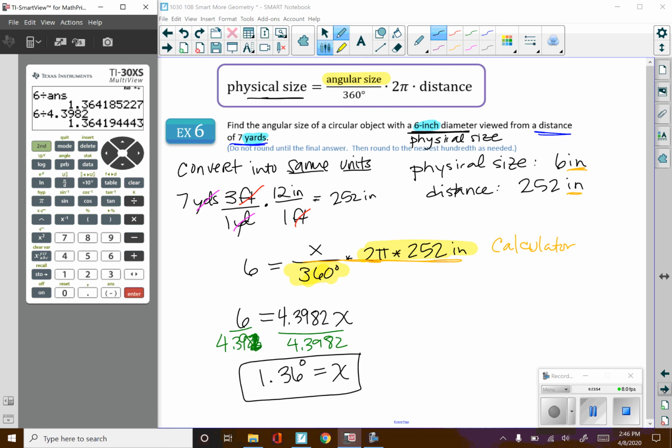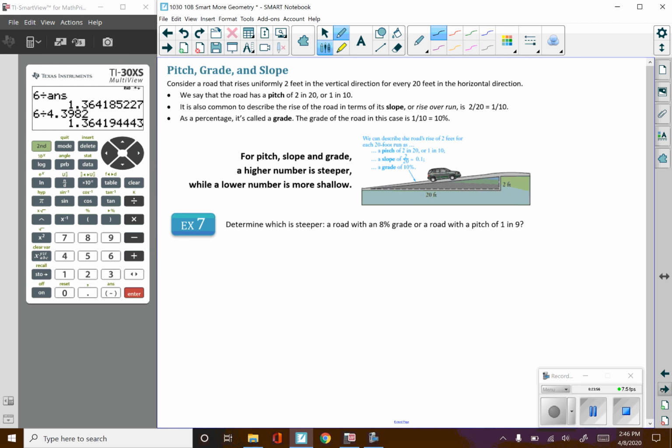All right, next mini topic here is pitch, grade, and slope. When you're talking about roads, sometimes what engineers or what signs will tell you is the pitch. Sometimes it'll also tell you the grade. So we're going to just talk about how those words relate. When you talk about pitch, it's sort of like telling you the slope.